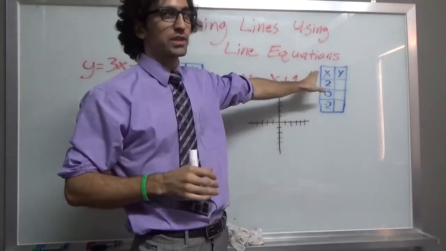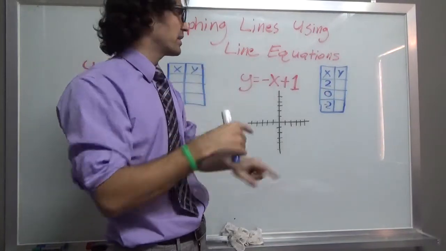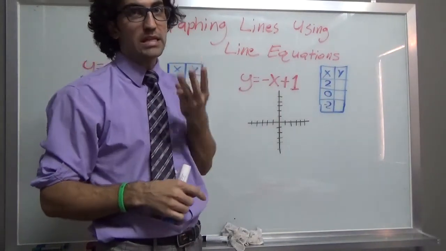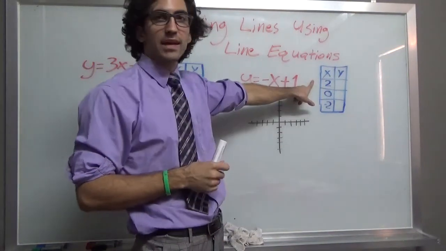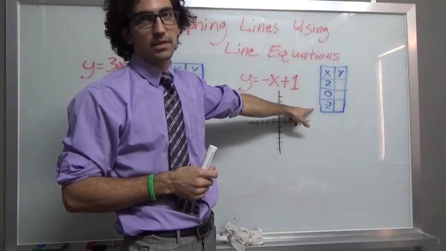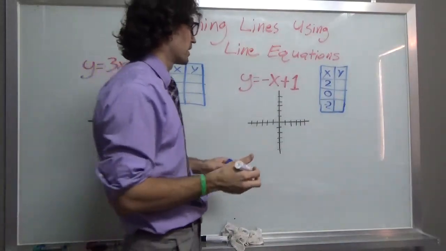So we choose the x values, and now we plug those values in for x in this equation. We'll have 3 separate equations to solve: one with x equal to 2, one with x equal to 0, and one with x equal to negative 2. Let's find out the y values that go with that.